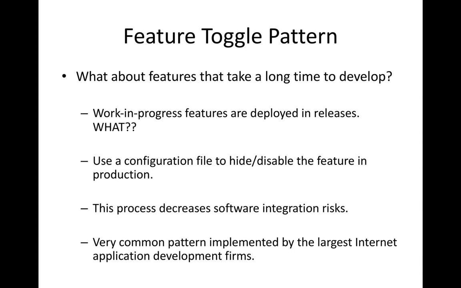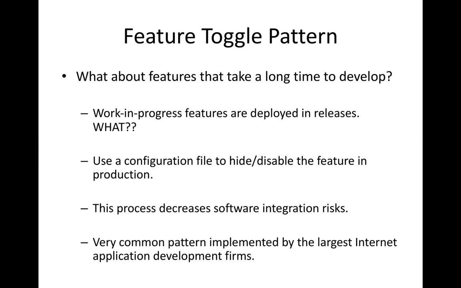And the idea is that we can work on code and work on features, and we can deploy these features into our releases even though the features are not done yet. The way we do that is by setting up a toggle, which is sort of like an on-off switch in our software, which allows us to hide and disable the unfinished features in a production environment.